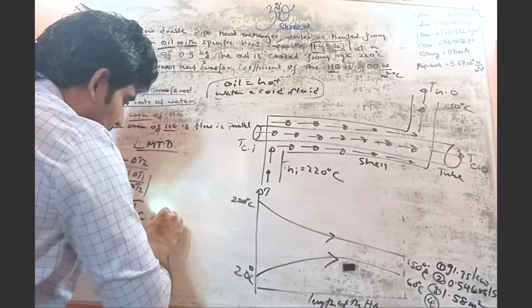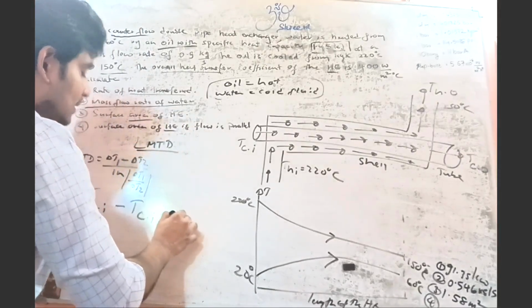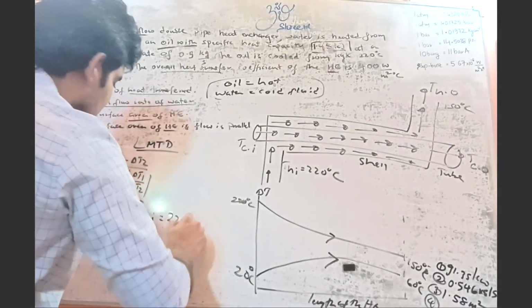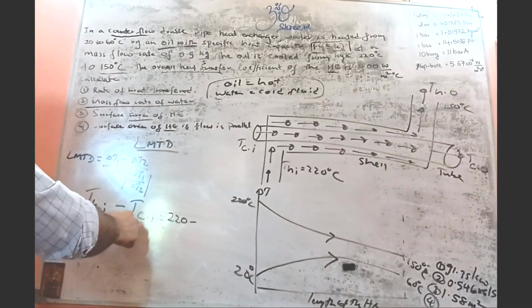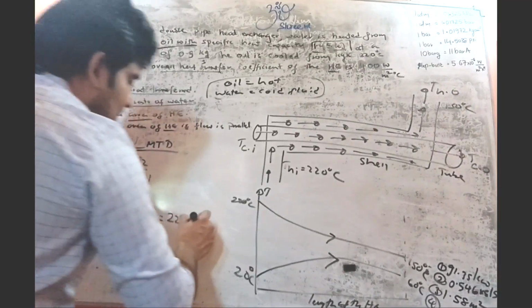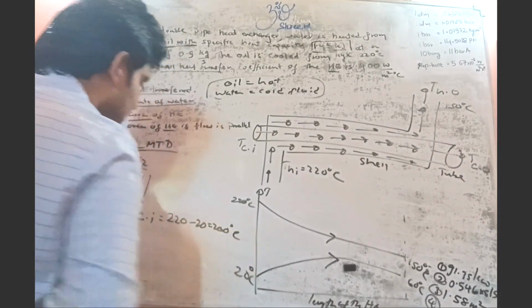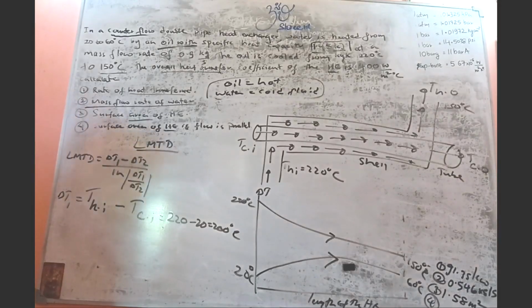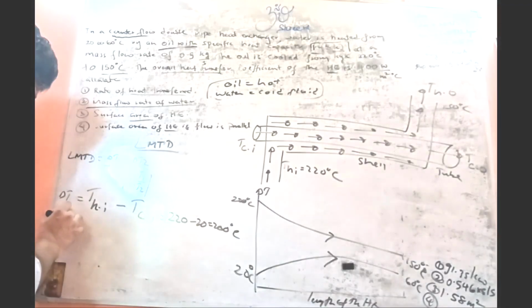What is the T hot fluid inlet? That is 220. What is the cold fluid inlet? It's 20. So 220 minus 20, 200 degrees Celsius. So what is delta T2?